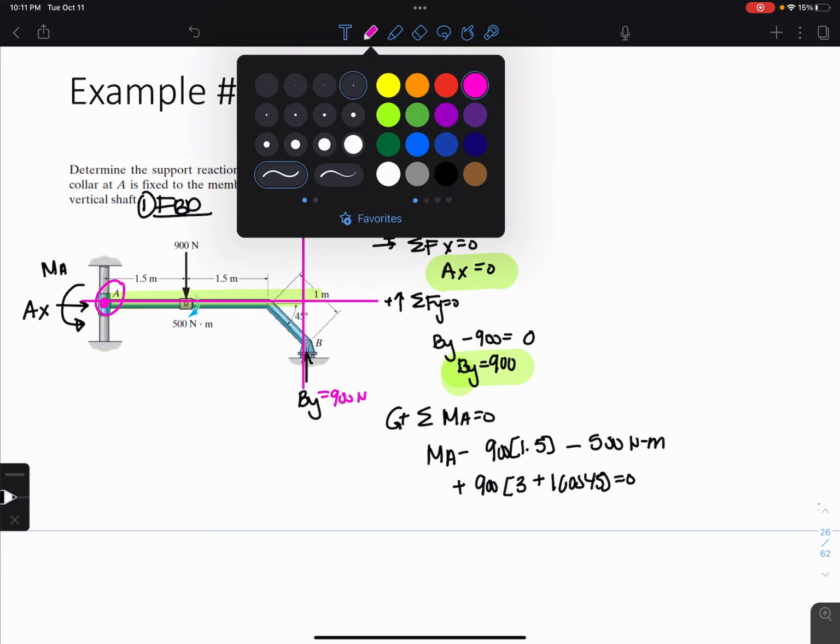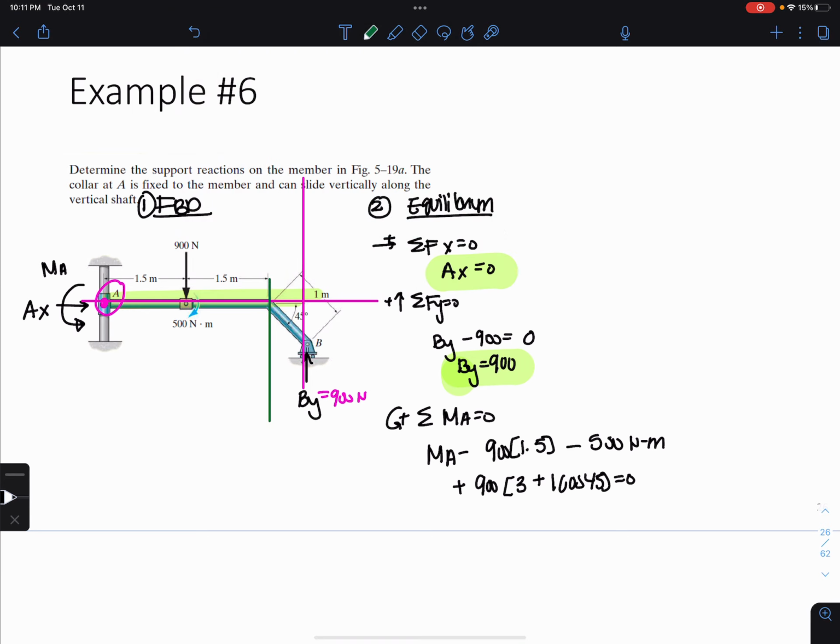I know from here to here is 3 meters, but from here to here, this little portion, I need to get from the triangle.